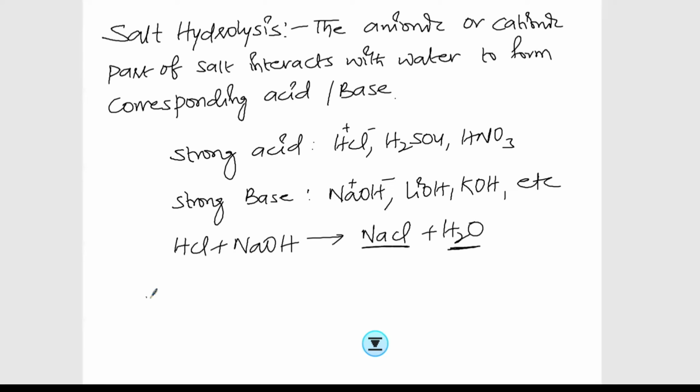So we can have salt hydrolysis of four combinations. First one is salt of strong acid plus strong base.